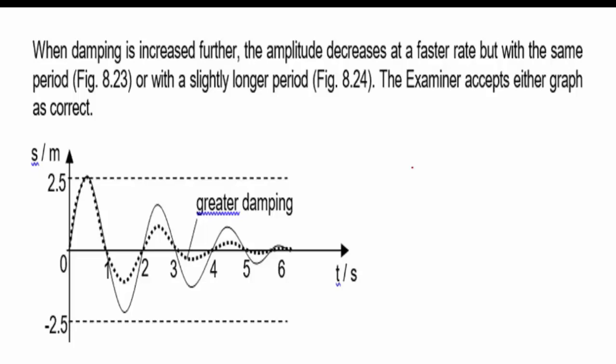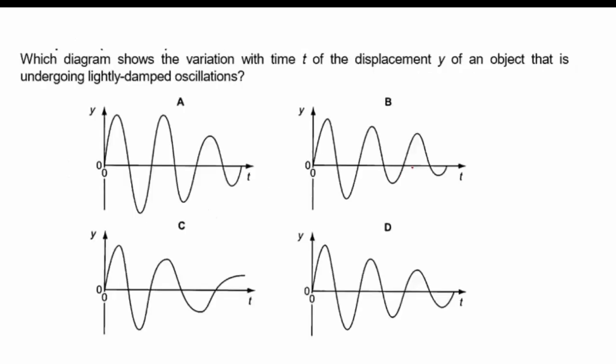The time taken to complete one cycle, when there's a stronger resistive force, you expect to be a bit larger, but it's not that much. So as far as we're concerned, for the A-level exam, it doesn't really matter. You can draw the new graph with either the same time or a little bit longer time. Both are acceptable.